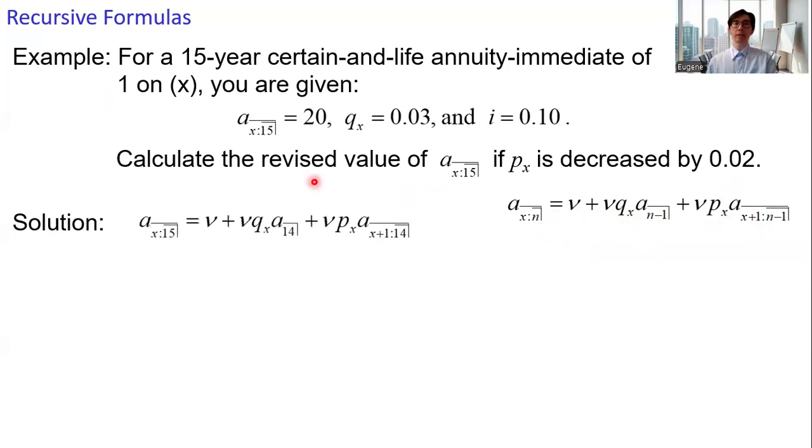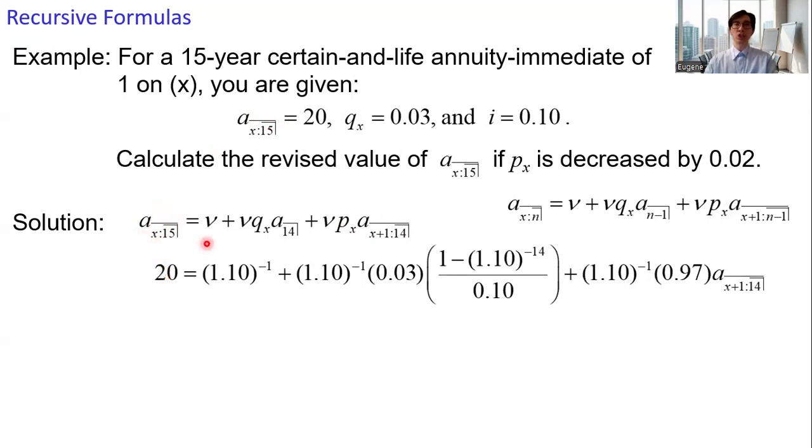All right, plug in the value for n. n is 15. And then substitute the numbers. The 15-year certain and life annuity immediate, the left-hand side here, the expected value is 20. And then v is 1 over 1 plus i, which is 1 over 1.1. And then we have the 14-year annuity certain.